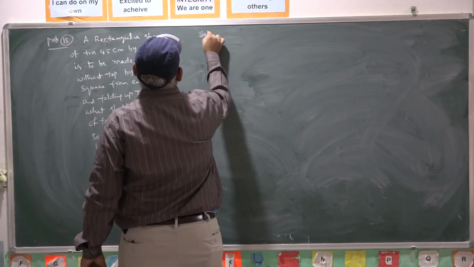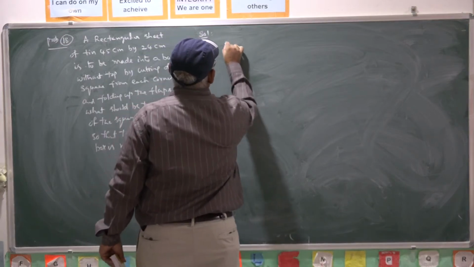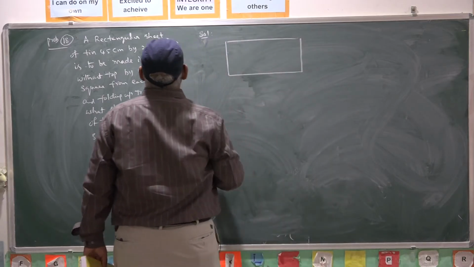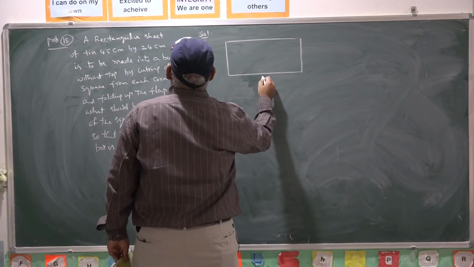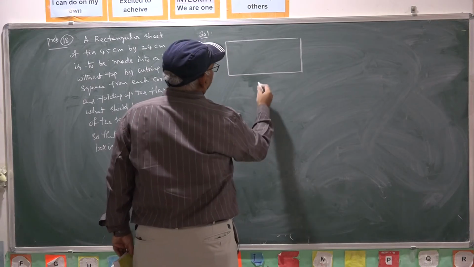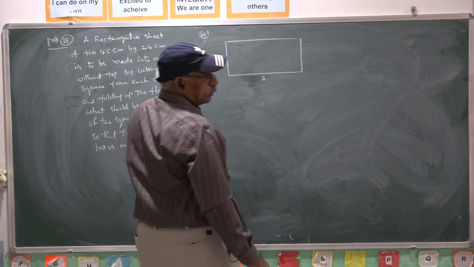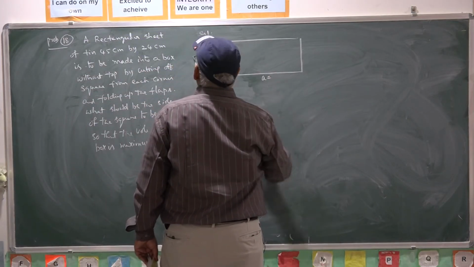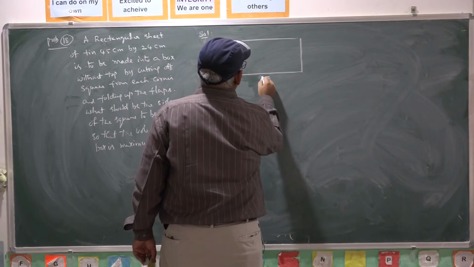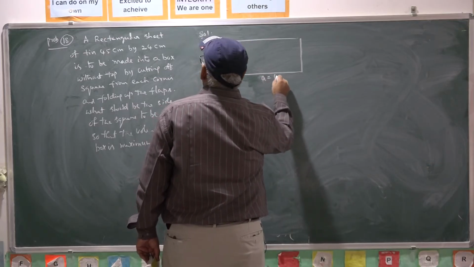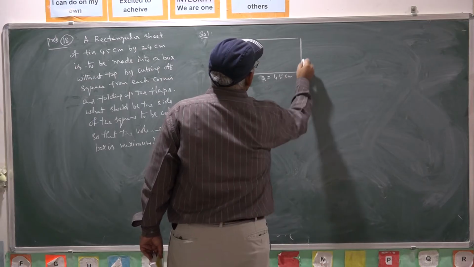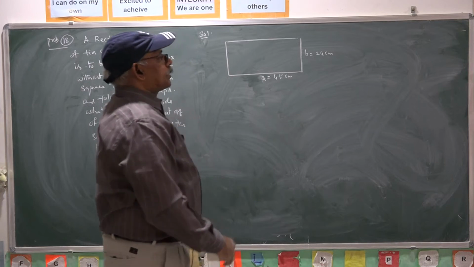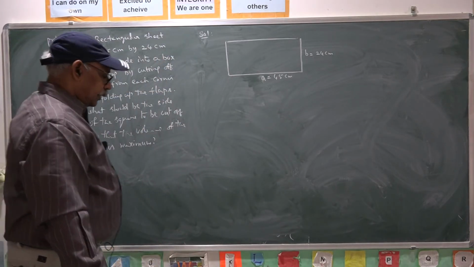Now solution. Let us consider a rectangle of sheet. I will generalize this problem. Let us consider the length is a and breadth is b, where a equal to 45 centimeters and b is 24 centimeters. These are the dimensions of the rectangular tin.